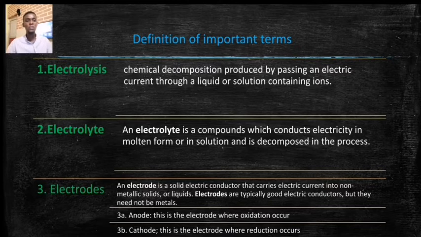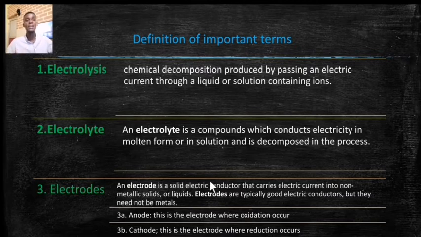Electrodes are typically good electric conductors, but they need not be metal. What it means when you say into non-metallic solid is just that we're talking about the electrolyte. An electrode is a solid that carries electricity into the electrolyte.